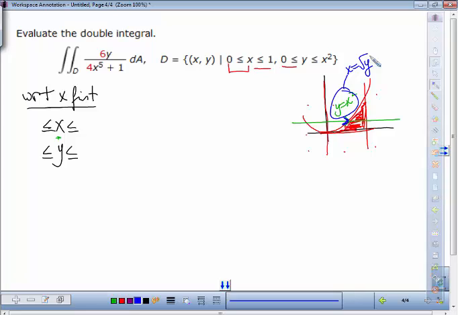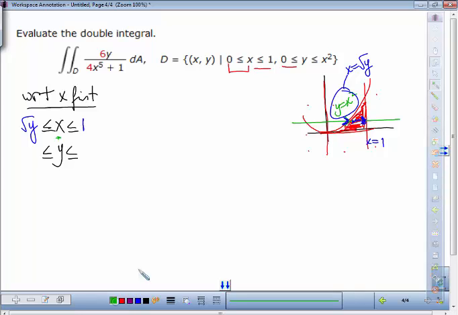So I want x is equal to the square root of y, right? So that's my first function. I'm inside of the region, and then I get out of the region when x is equal to what? I get out of that region when x is equal to 1.